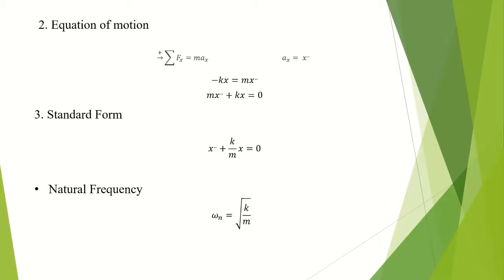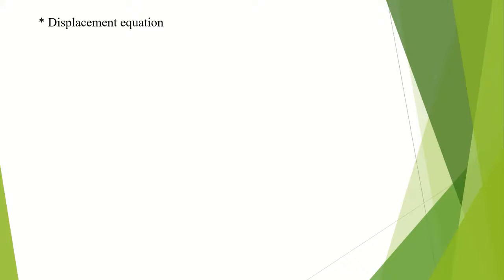Let us assume we have a system that has a mass of 25 kilograms and stiffness of 4,900 Newton per meter. Then, we substitute the values, and we get omega n is equal to 14 radians per second. The general solution of the second-order differential equation is given as a sine omega nt plus b cosine omega nt.